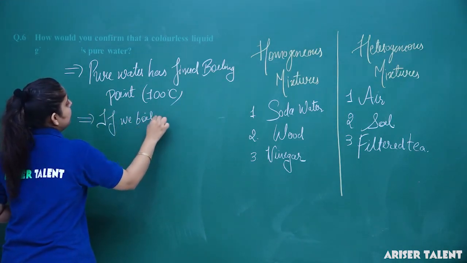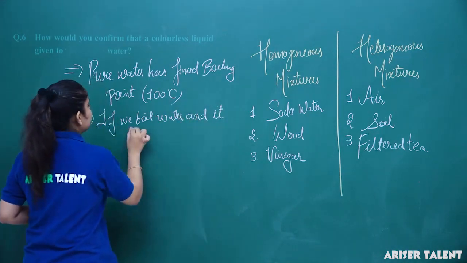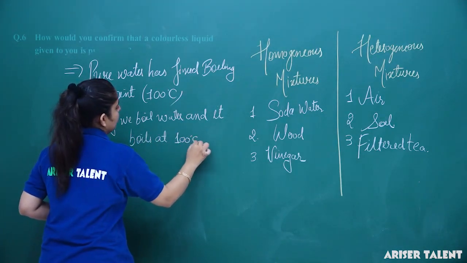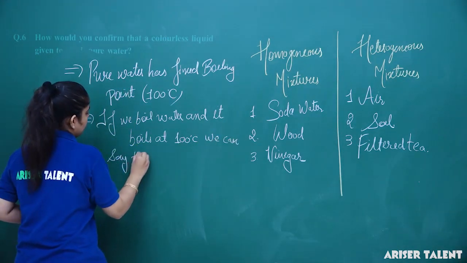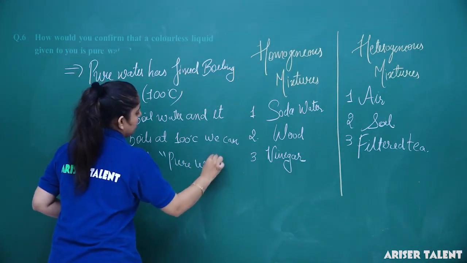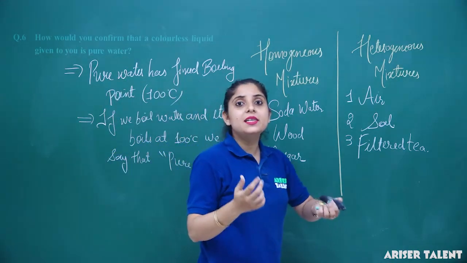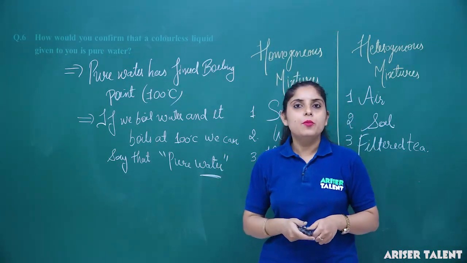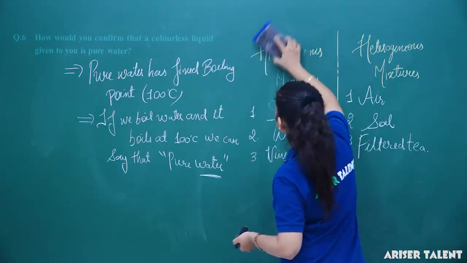If we boil water and it boils at 100 degrees Celsius, we can say that it is pure water. So pure water can be easily identified by boiling it. If it boils at a temperature of 100 degrees Celsius, we can say that the water is actually the pure one. Clear? So this is the solution here. You can copy this from here.